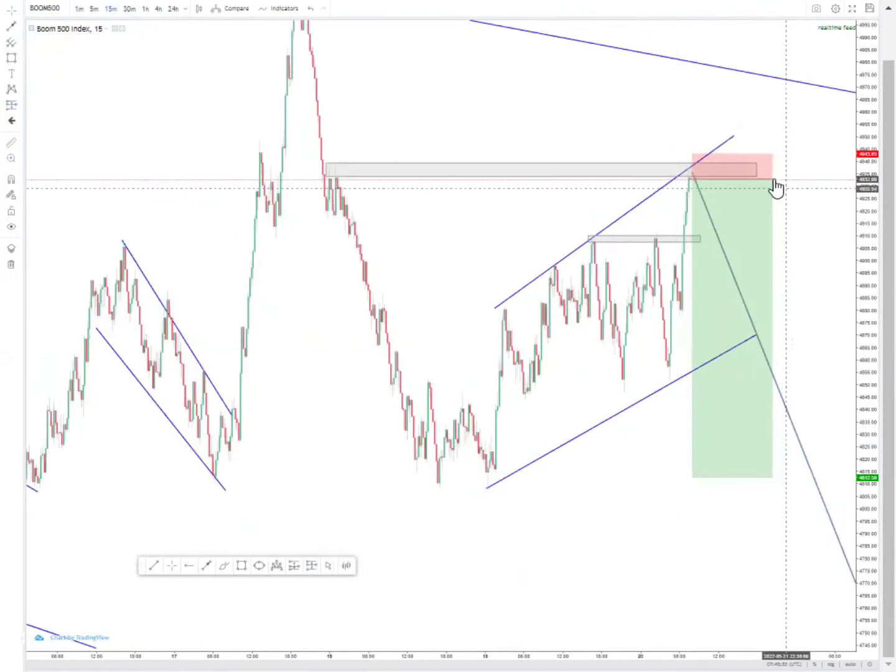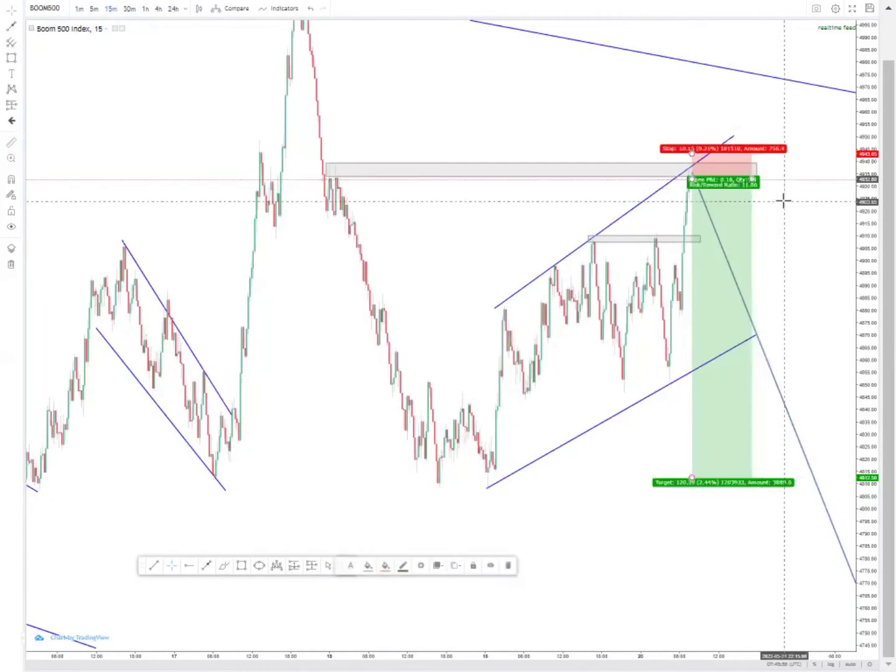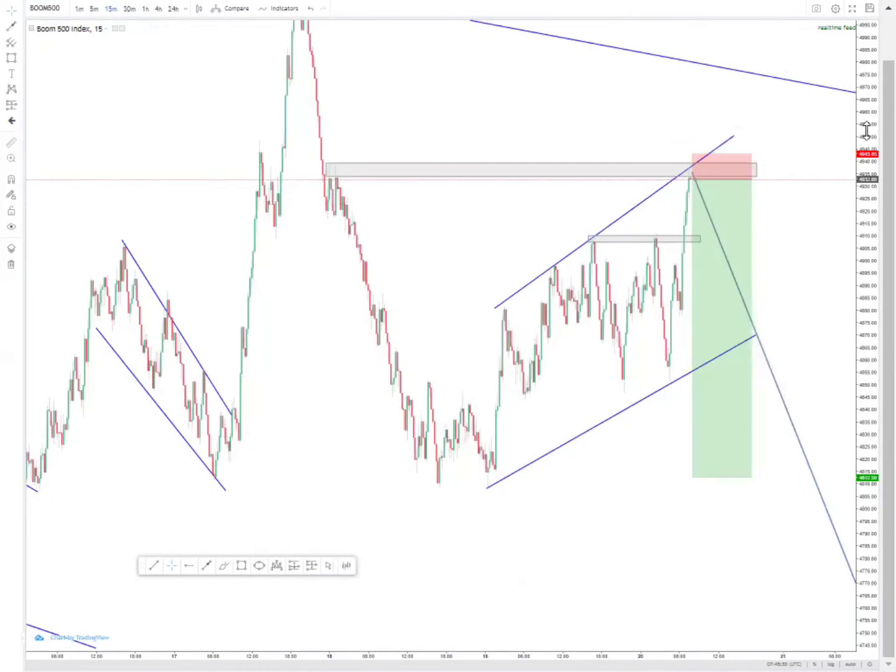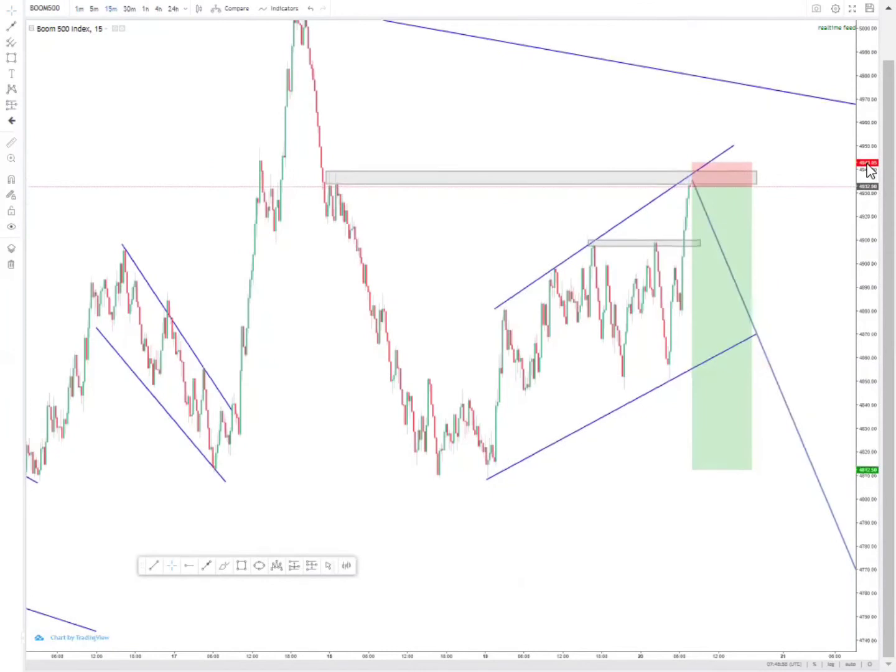When I got to know about Boom and Crash, there were people who were saying that it is impossible to trade Boom and Crash with a trend line strategy like the Falcon strategy. They said it is hard.